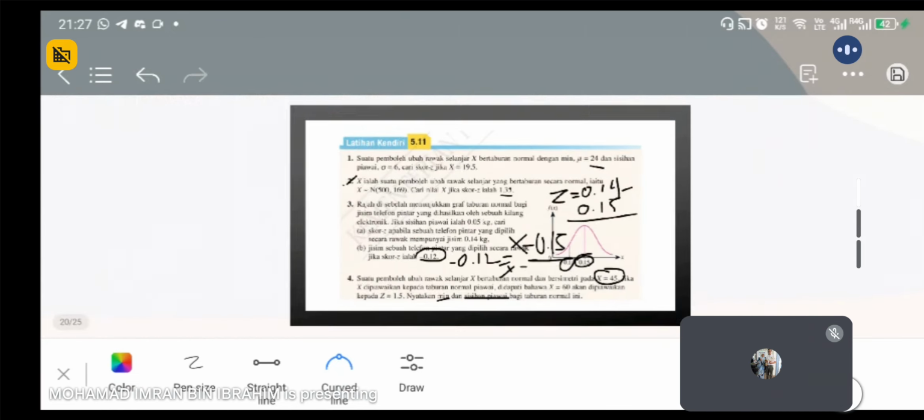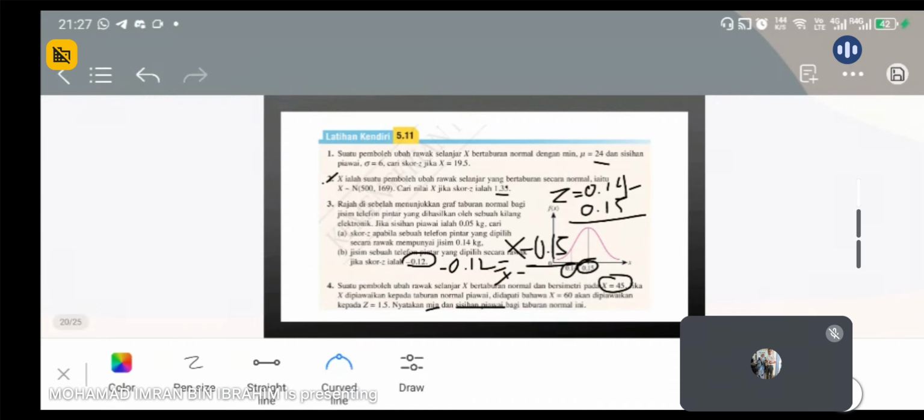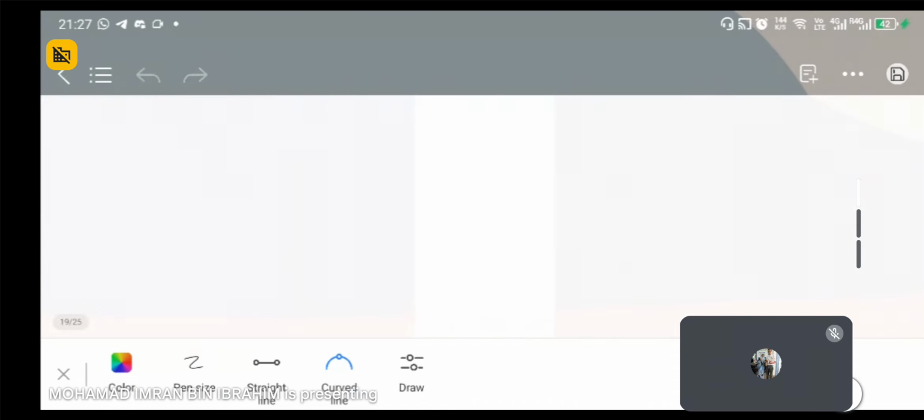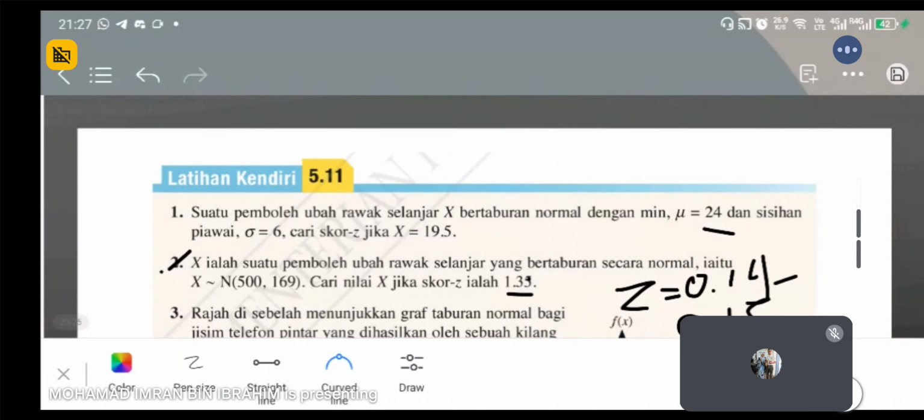Okay, so X equals 45, so also the mean is equal to 45. Alright. So if we put into the, okay.